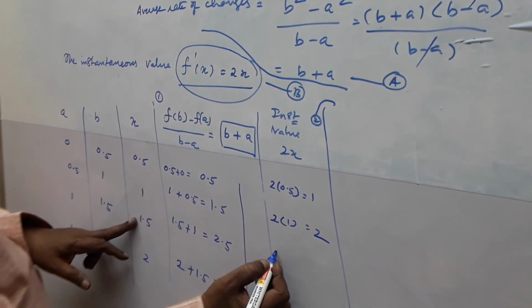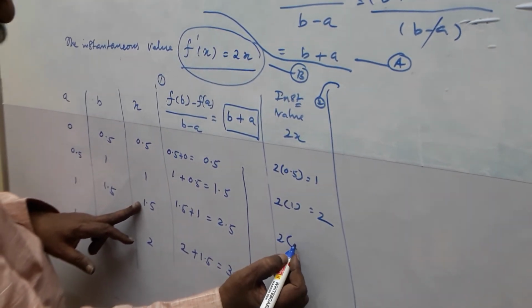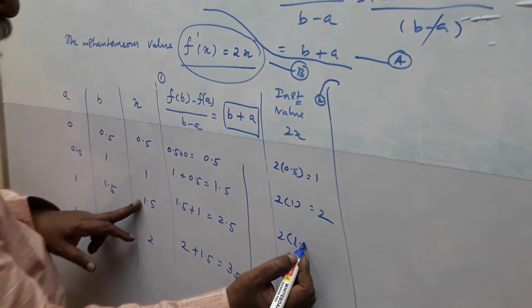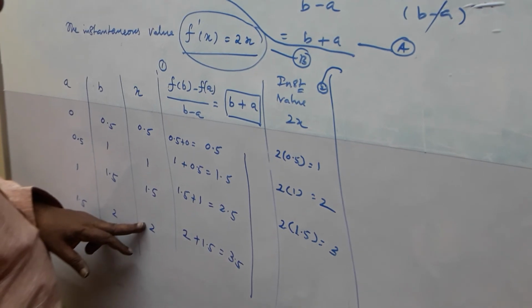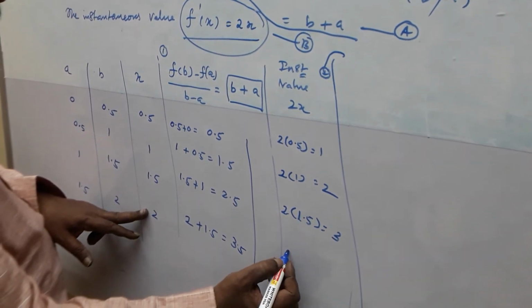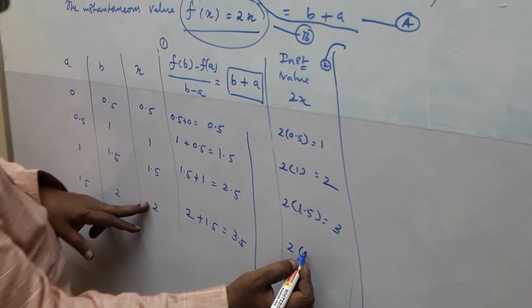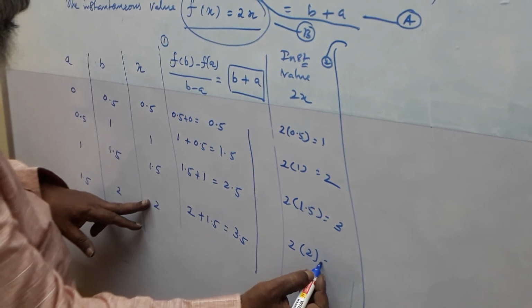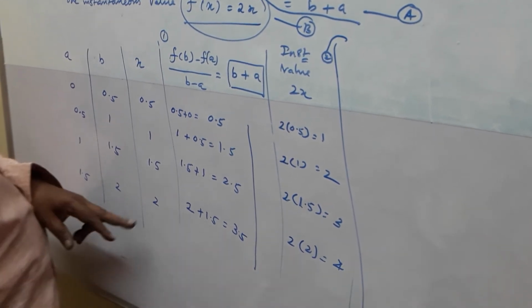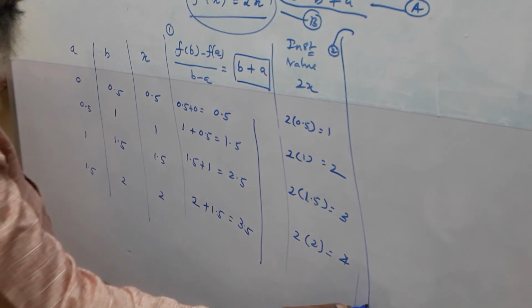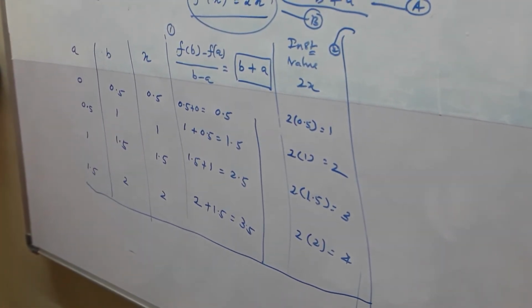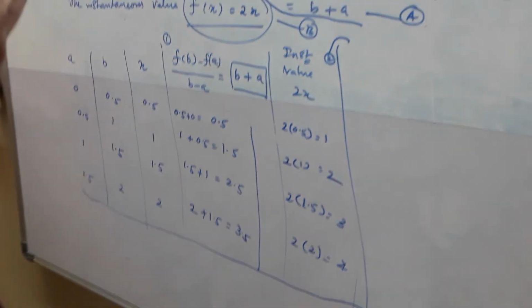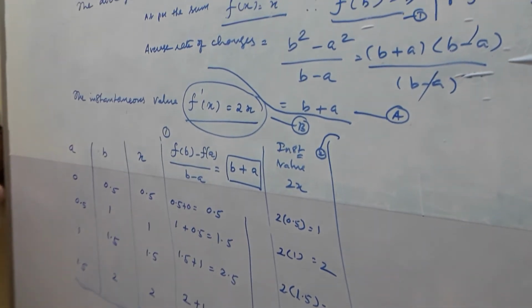Third point, 2 into 1.5, that's equal to 3. Fourth point, instead of x you have to substitute the value 2, that's equal to 4. This is a very easy method to solve the sum for the given first example.